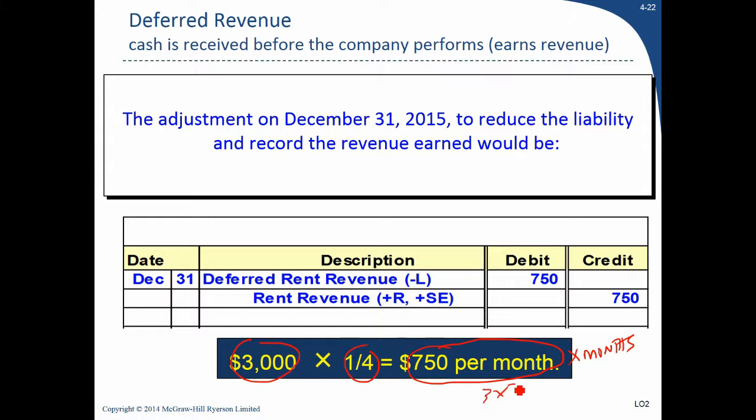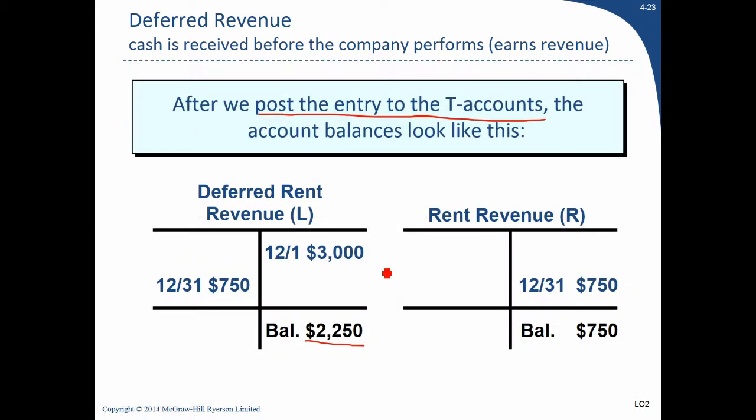You go 3 times 750 equals 2250. So you know that that balance is correct, right? If you have time on the midterm and you go back and you recalculate what the balance should be and you get a different number, your entry might be wrong, or you might have just made a manual error and typed the wrong number into your calculator when calculating the balance. Okay, and our rent revenue is credit 750.